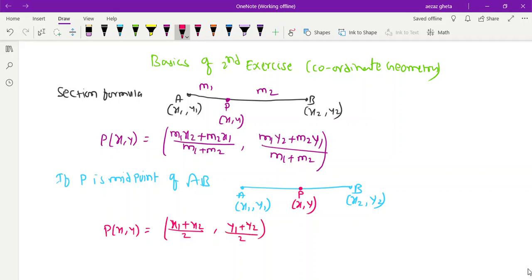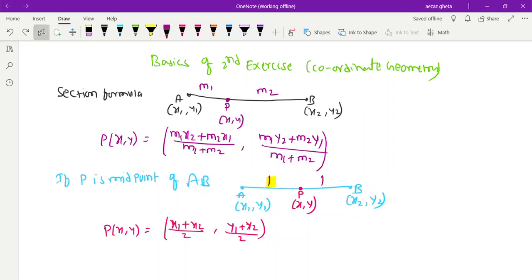In a midpoint the ratio is 1:1, so m1 is 1 and m2 is also 1. If you substitute m1 and m2 as 1 in the section formula, you will get this formula only. Everybody understood? So this is called the midpoint formula.